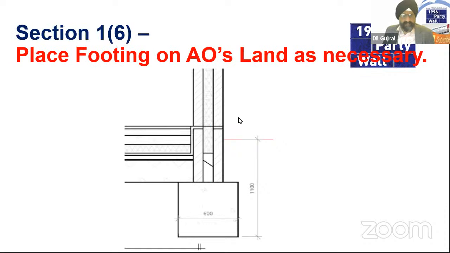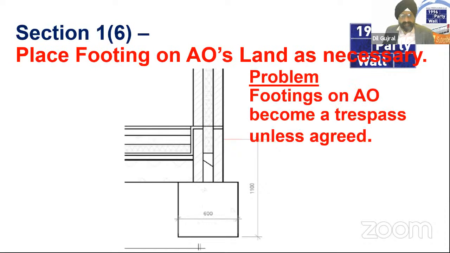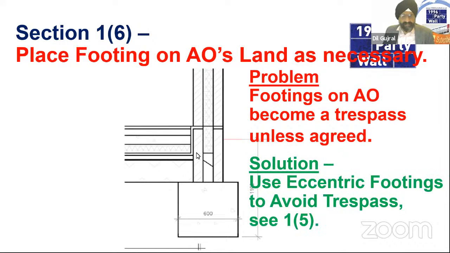Okay, now this is actually almost redundant. This is a section 1.6 where you place the footing on the adjoining owner's land. Your wall is built right to the boundary, and builders love doing this. They build a little bit over. They believe it makes the building stronger.